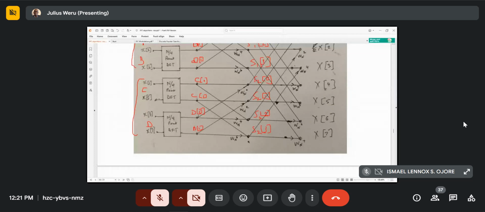But I wanted to stick to W8. Actually, if you look at the calculation, of course, we're talking about W4, but I put it in terms of W8.